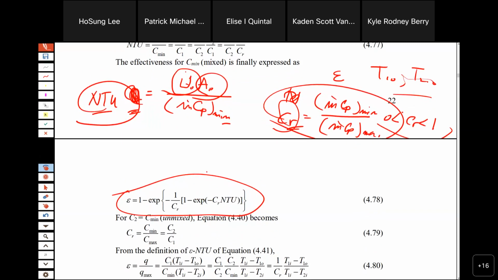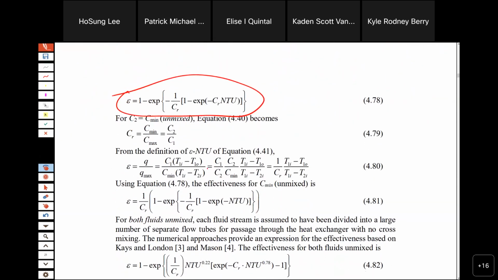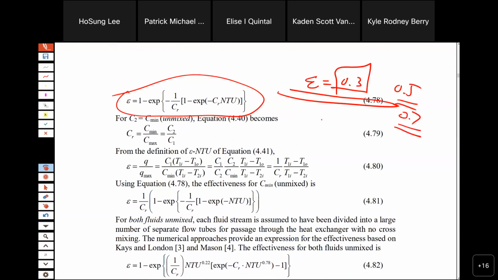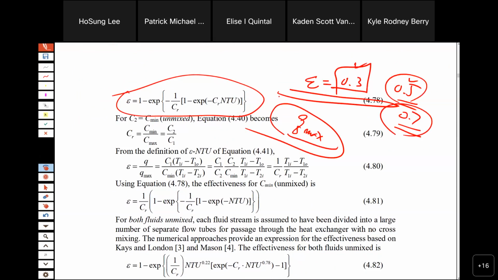This is one way, using the effectiveness. The good thing is this value tells how effective the heat exchanger is. 0.3, 0.5, 0.7, good values. Because Q max is the maximum possible, it is meaningful. When you design a heat exchanger, 0.01, no good. 0.3, depends on the type, maybe.